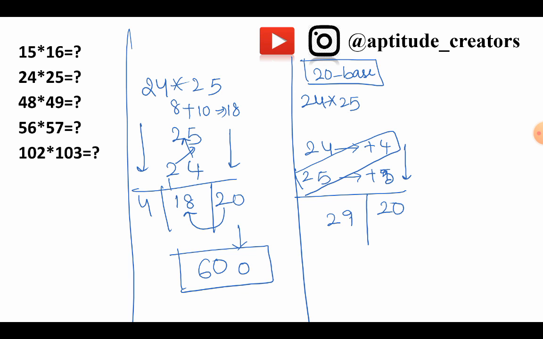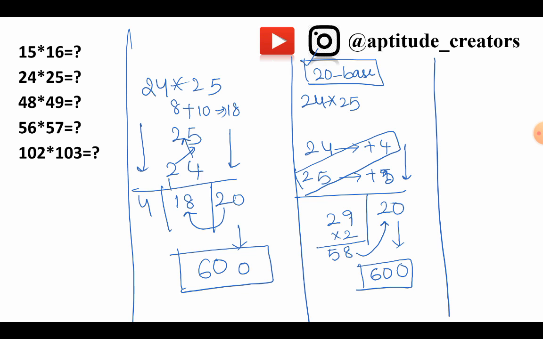But here the final answer is not 2920. Here fix the unit digit as 0 and here the base is 20, so what you have to do is multiply into 2. If you multiply into 2, then you will get 58. Now 58 plus 2 will give the result as 60. Answer is 600.